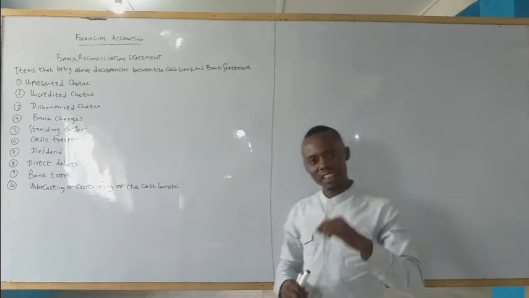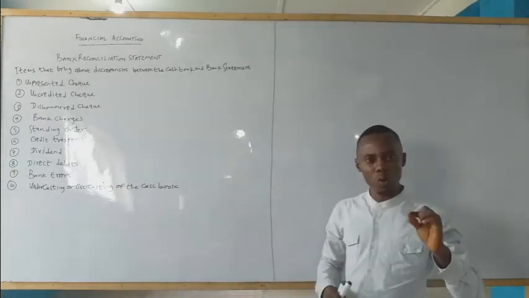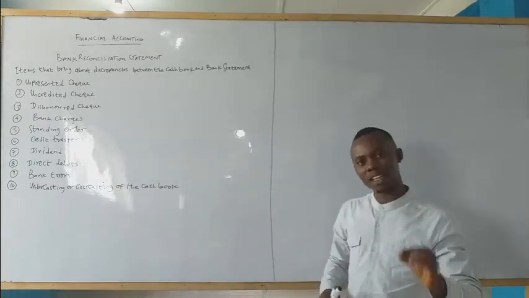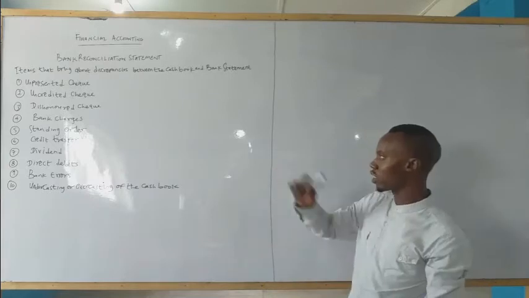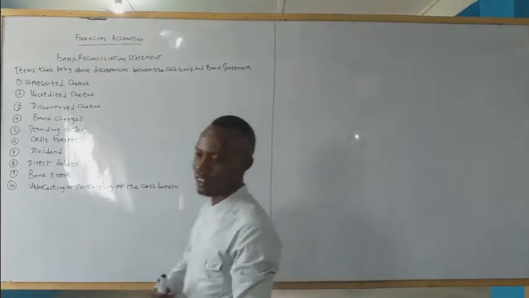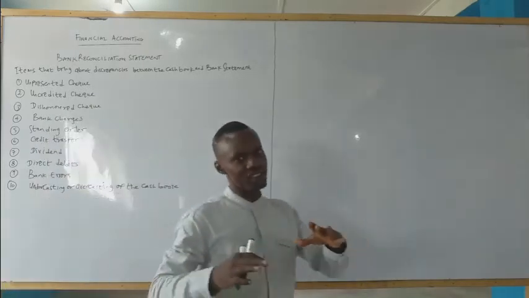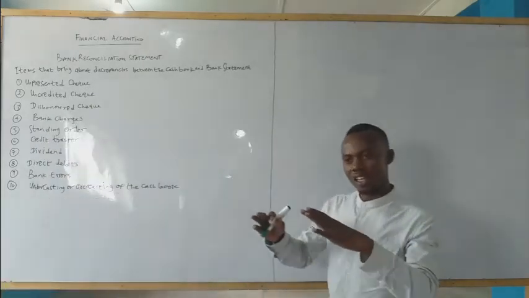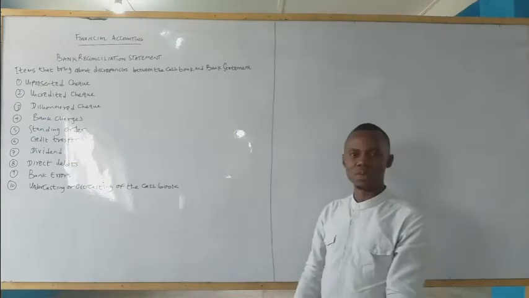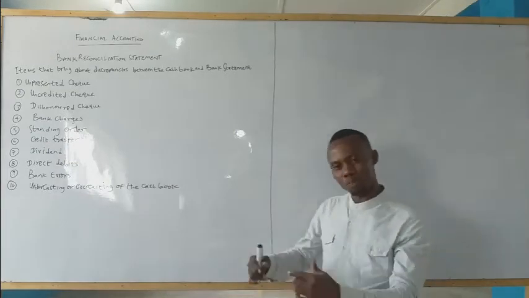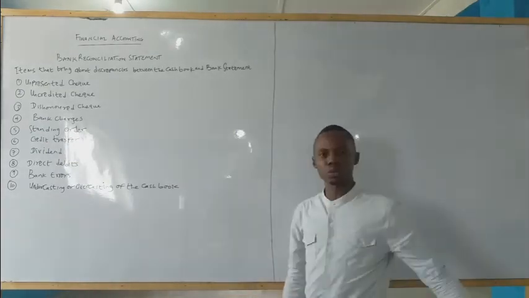And then all the transactions that our customers do with our bank are transferred to the bank statement. So now we are comparing all the transactions in the bank statement and our bank transactions in the cash book.